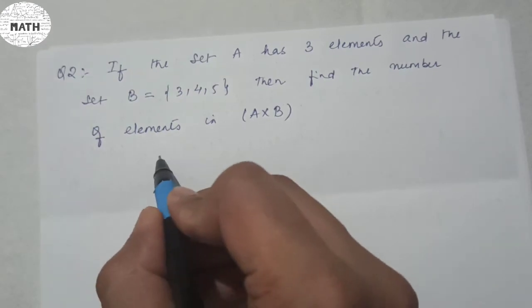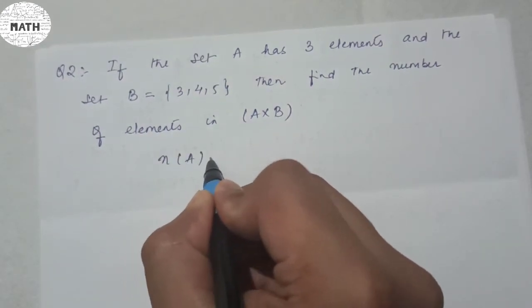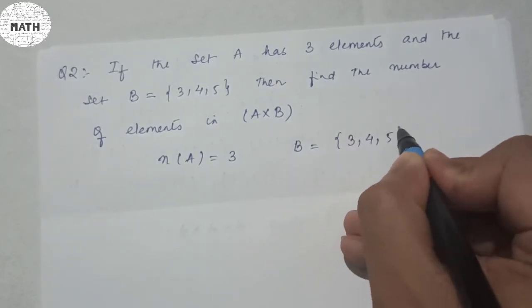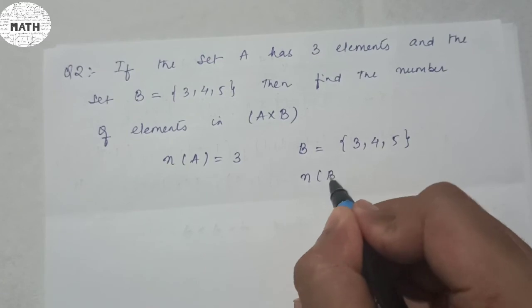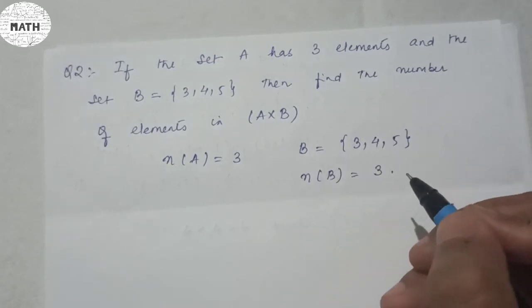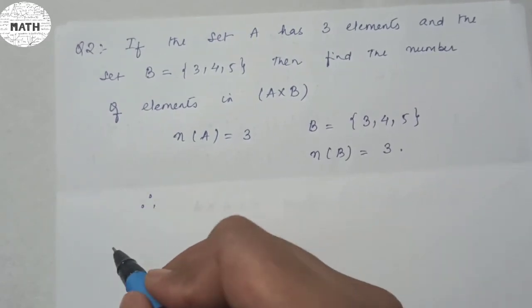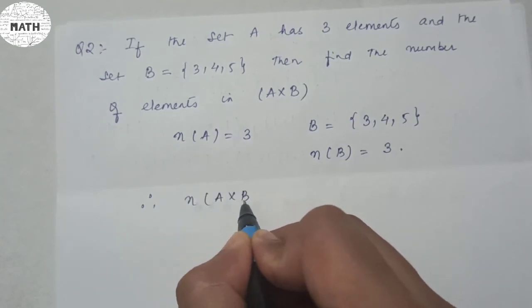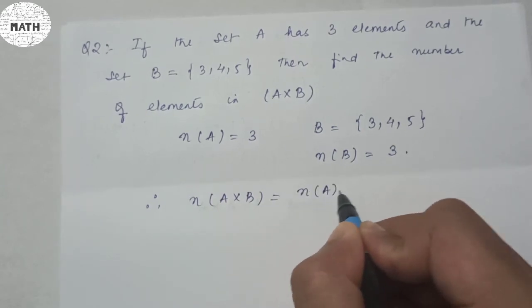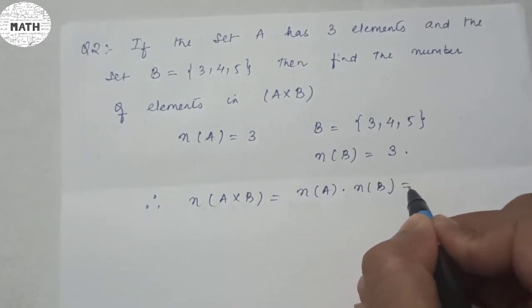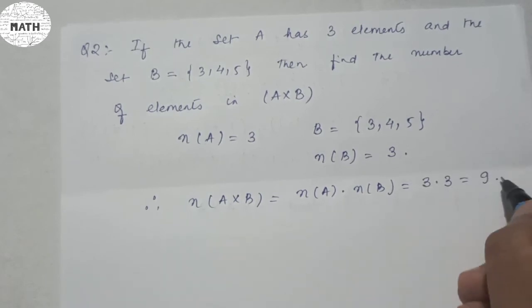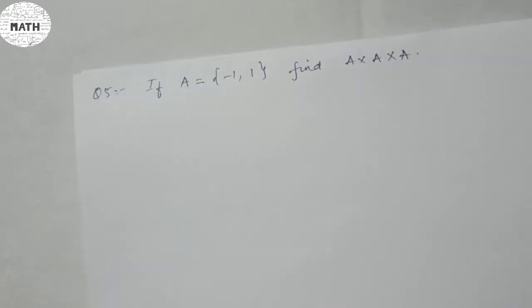The number of elements of A is 3, and B is {3, 4, 5}, so the number of elements of B is also 3. Using remark number 2, n(A cross B) is the number of elements of A times the number of elements of B. A is 3 and B is also 3, so 3 times 3 is 9. So that's your answer.